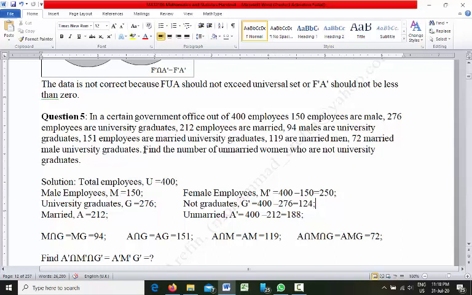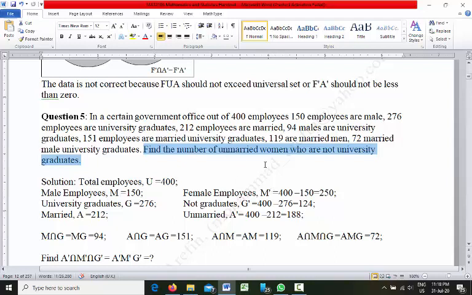The question is asking us to find the number of unmarried women who are not university graduates.